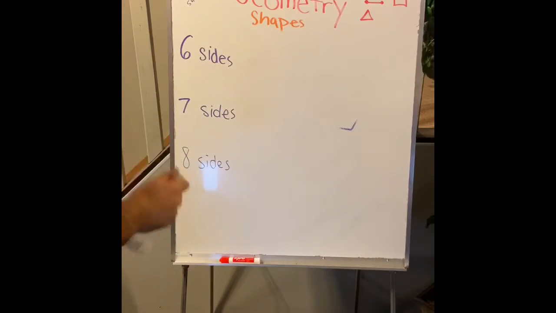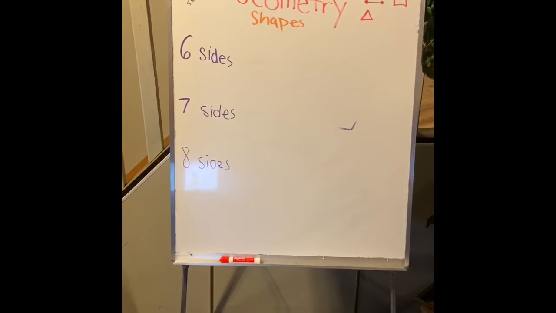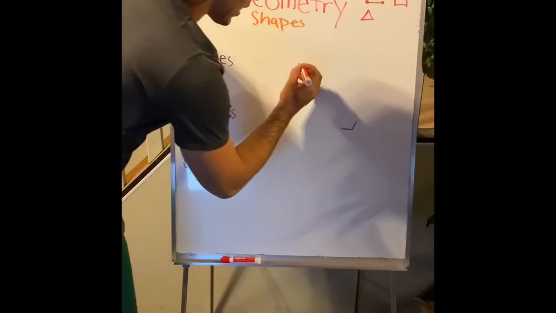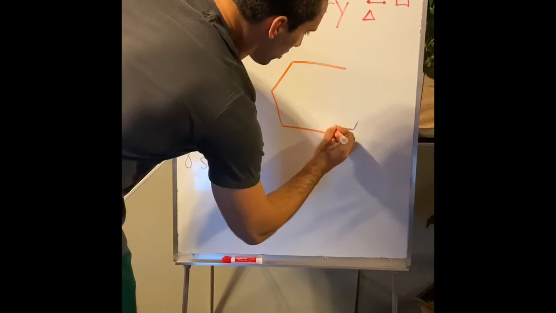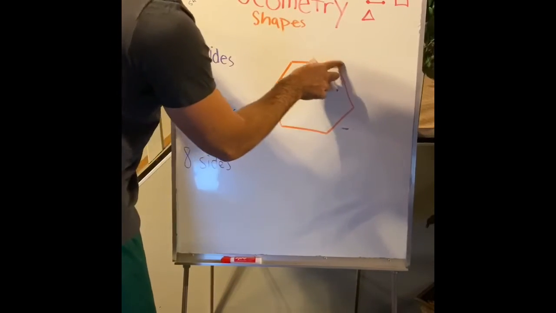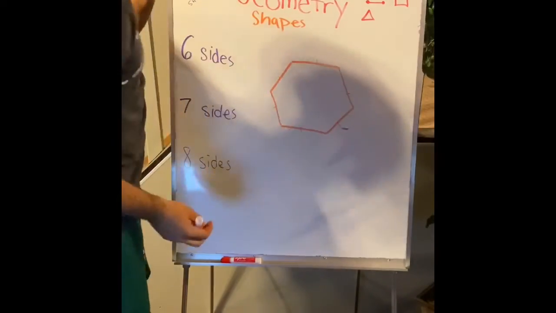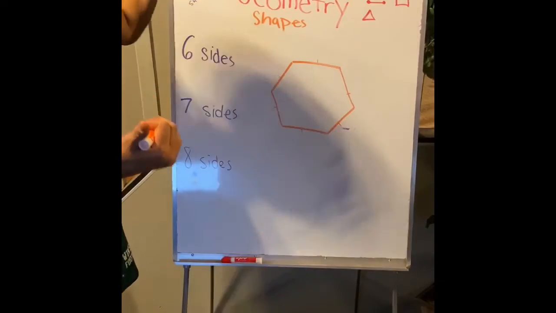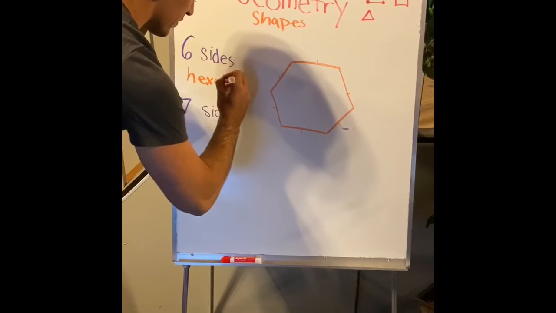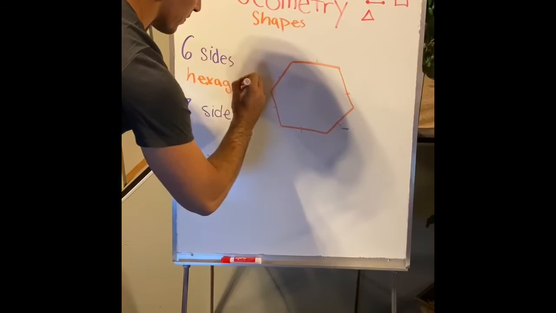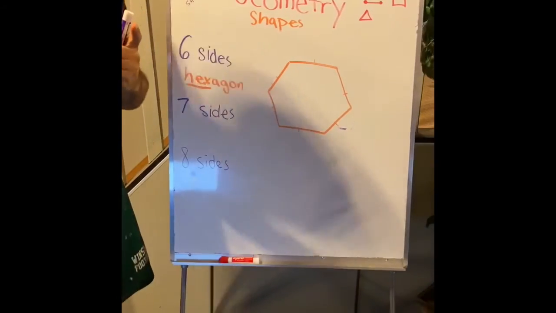All right, the next three we have are six-sided, seven-sided, and eight-sided. Our six-sided would look just like this. 1, 2, 3, 4, 5, 6. A six-sided figure is going to be our hexagon. Our six sides, hexagon.